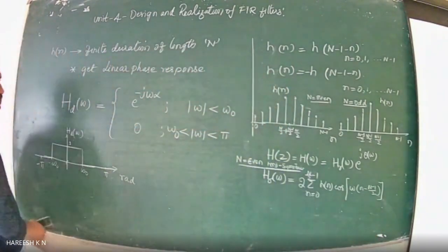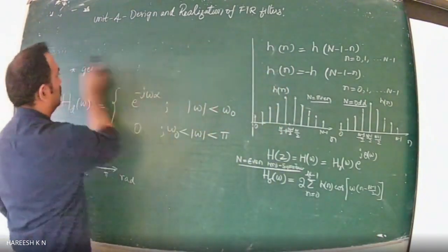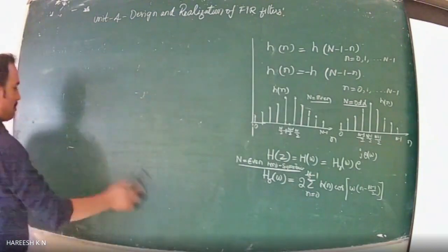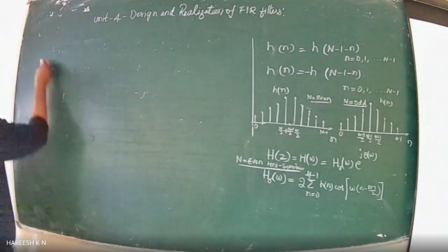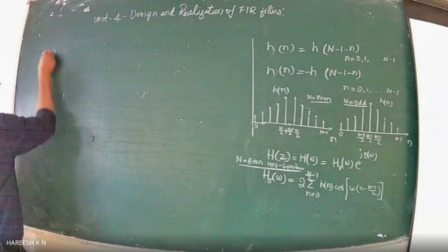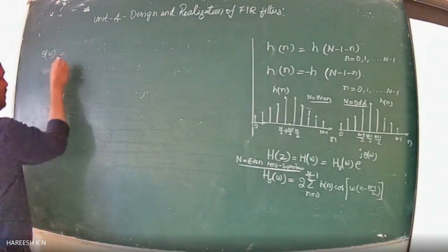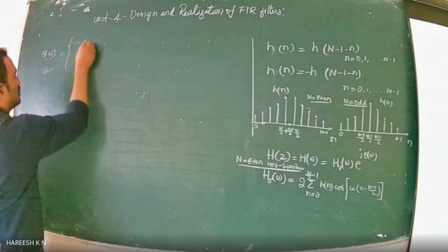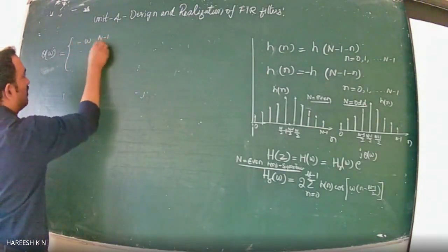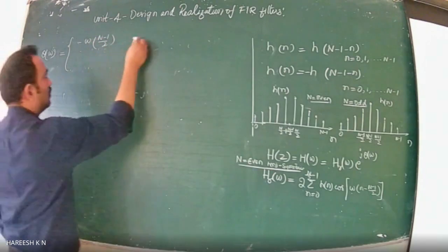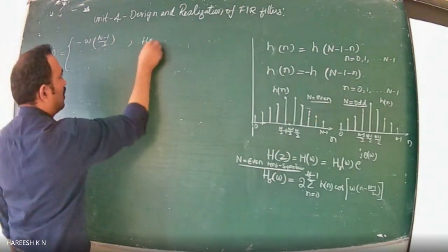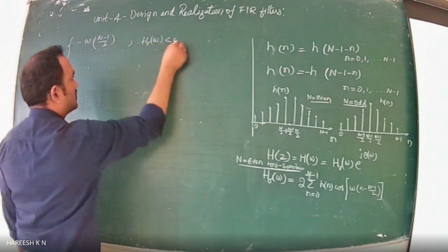Now the phase response, the phase theta of ω for n even and impulse response symmetric, is equal to minus ω (N minus 1) divided by 2 for h_r of ω less than 0.